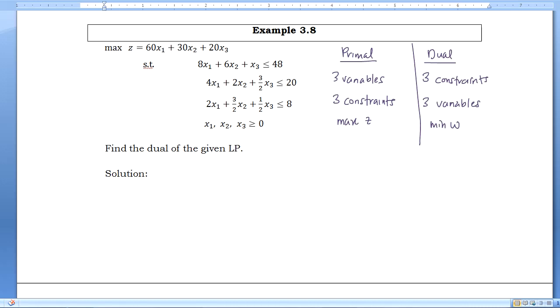The objective of the dual LP is minimize W equals, we have three variables, so we write the variables first, y1, y2, y3, subject to three constraints. So we just write the variables of every constraint, y1, y2, y3.